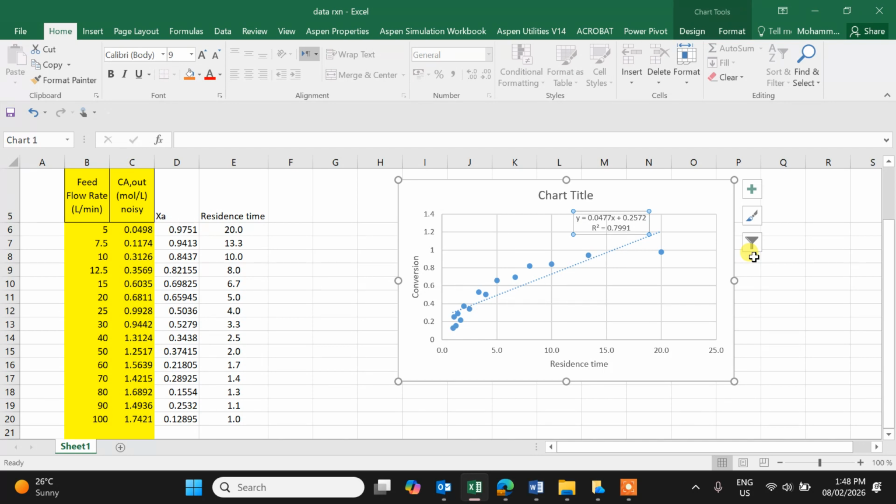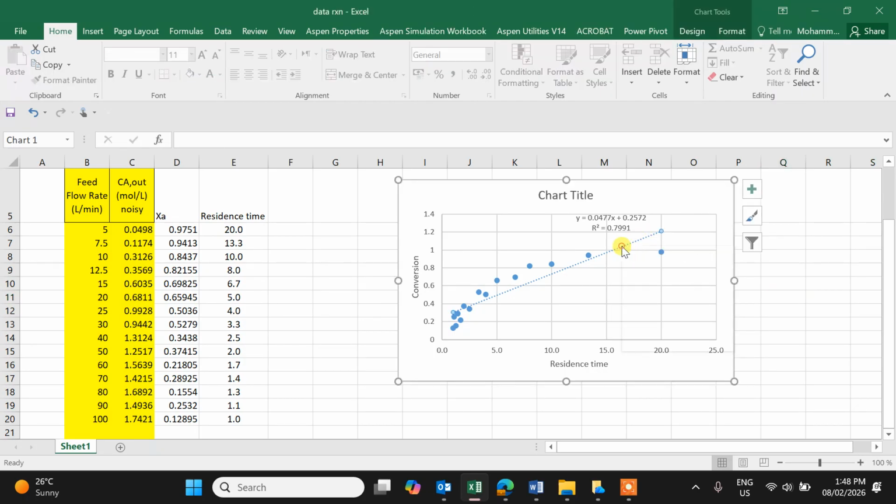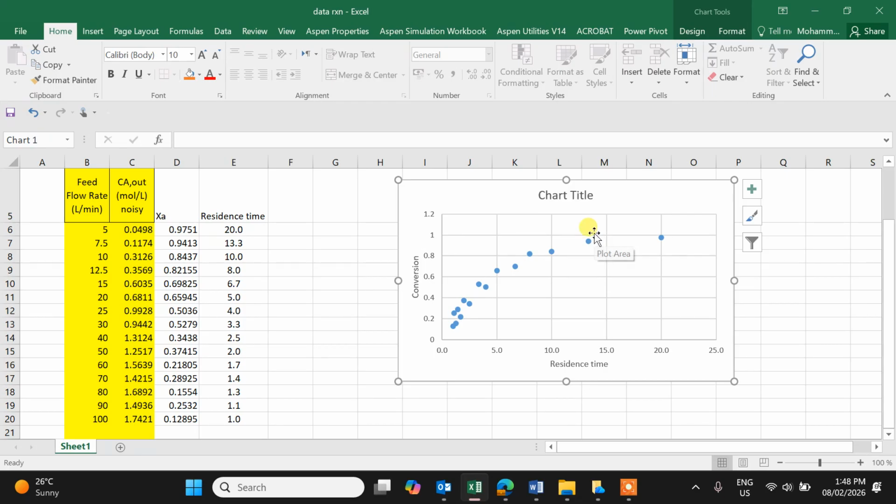But theoretically, does it make sense? If it is linear, then conversion should always increase with increase in residence time. But now see, it's showing more than one, which doesn't make sense. So conversion will increase, and after some time it may increase only a bit, because it cannot be more than one. So the trend is something like this.